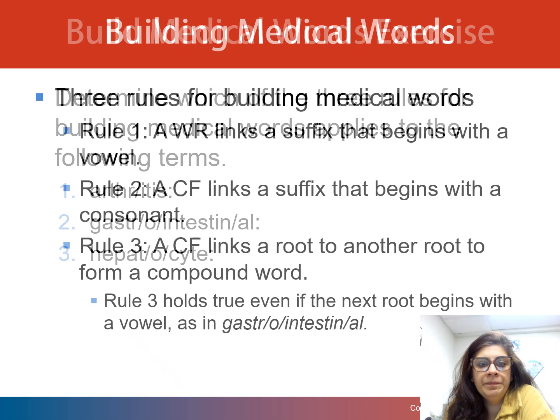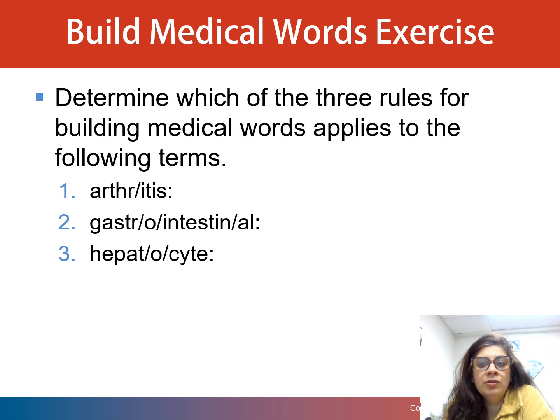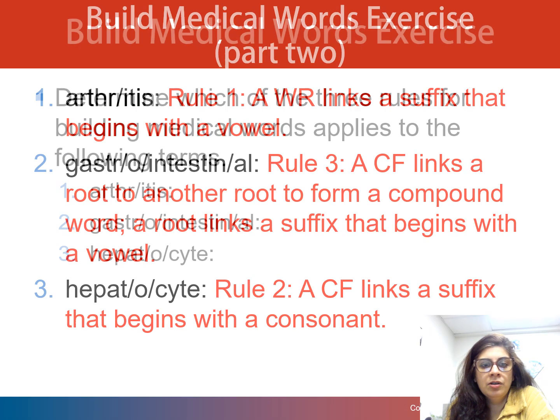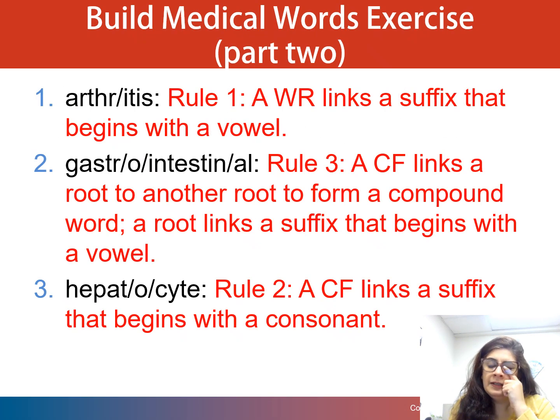So you determine which of the 3 rules for building medical words applies to the following terms: arthritis, gastrointestinal, or hepatocyte. So rule number 1, it links a suffix that begins with a vowel. So you can see it begins with a vowel, that's the suffix. And then gastrointestinal, you can see that is a combining form.